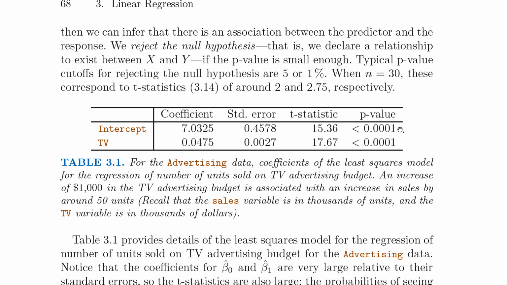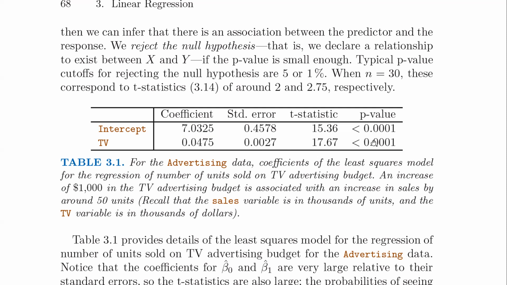It's a lot less than 0.0001. If the p-value is small enough, the lower it is, the stronger the evidence is to reject the null hypothesis. We can do this a second time at a later stage, but as a rule of thumb, with a small p-value, you reject the null hypothesis.